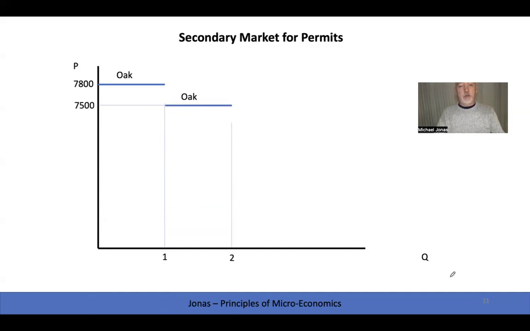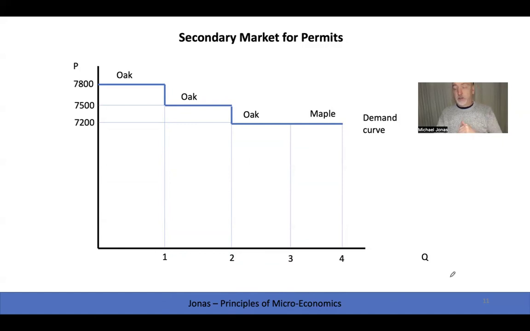And then its next highest value was 7,500. So that second unit also demanded by Oak. The third unit with a cost of 7,200 from Oak as well. And then we saw Maple had that one of 7,200 as well. So that's going to be the demand curve for the 4 permits that were traded in this example.